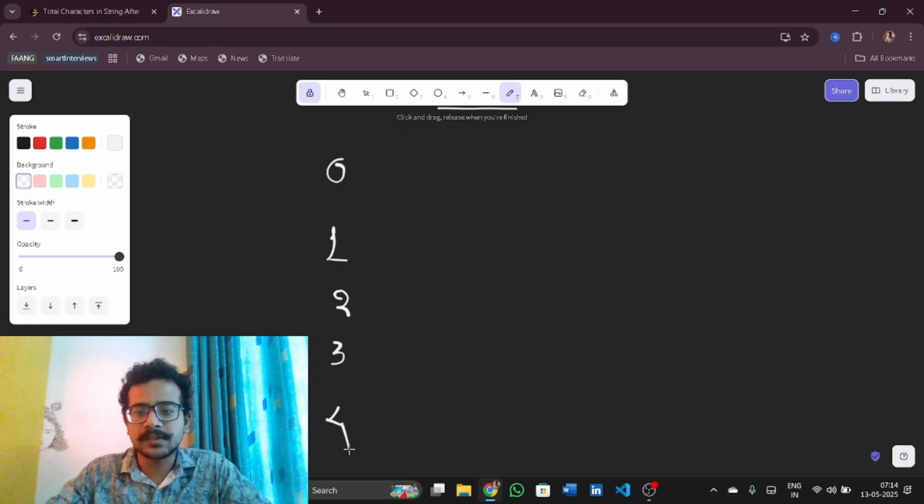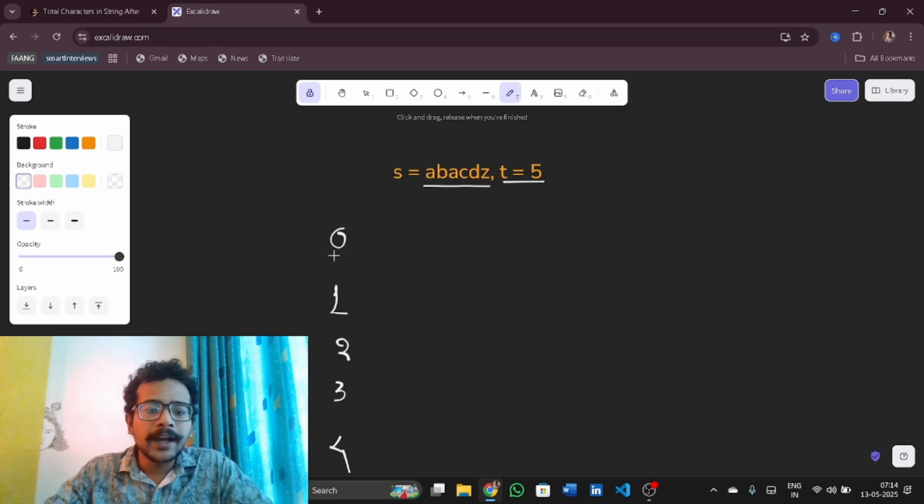I think you know 0 indexing. At transformation 0, A is transformed to the next character B. B is transformed to the next character C. A is transformed to B. C is transformed to D. D is transformed to the next character E.